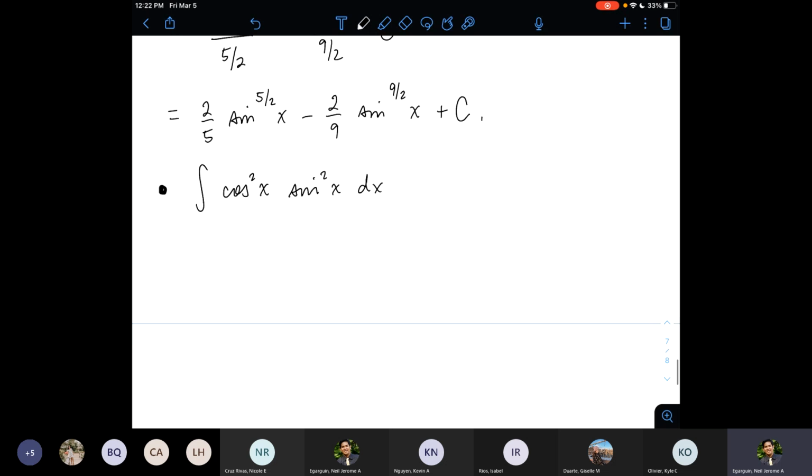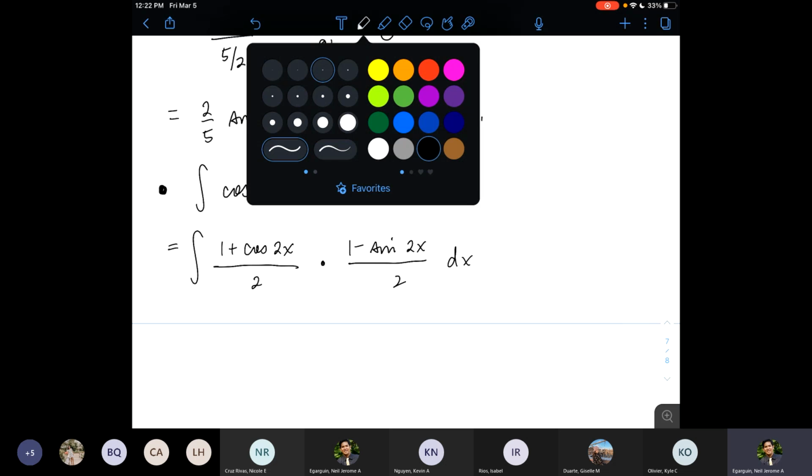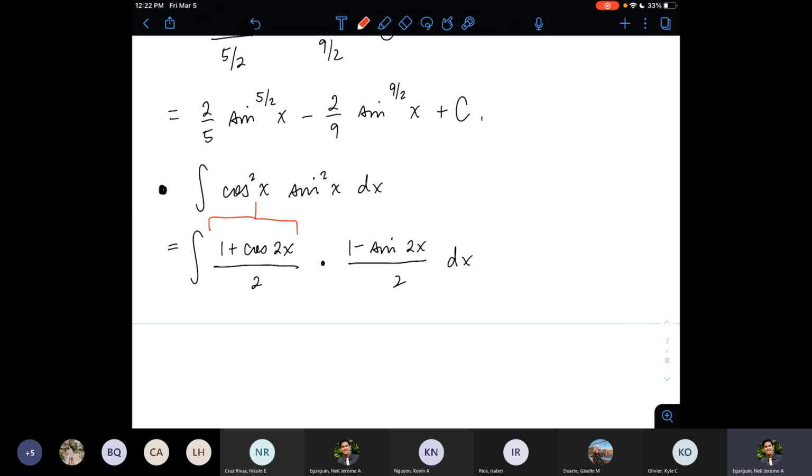So what I mean is that here, cosine squared can be written as 1 plus cosine of 2x all over 2. And then sine squared can be written as 1 minus cosine of 2x all over 2 dx. And the nice thing about these half angle identities is that they reduce the power down from power 2 to power 1.